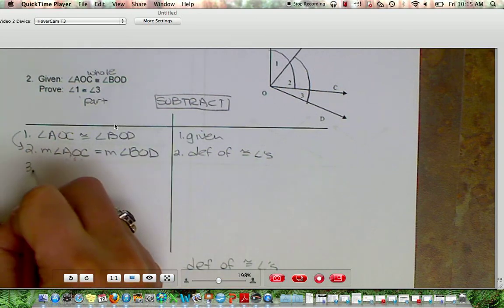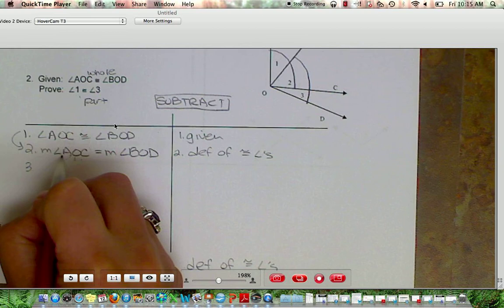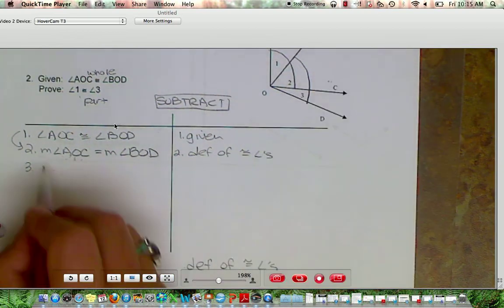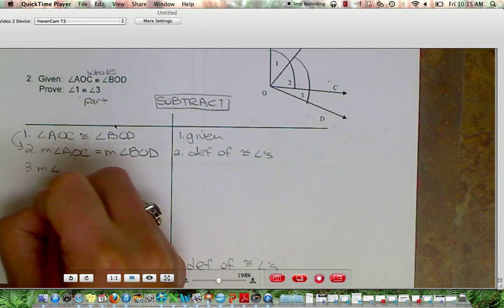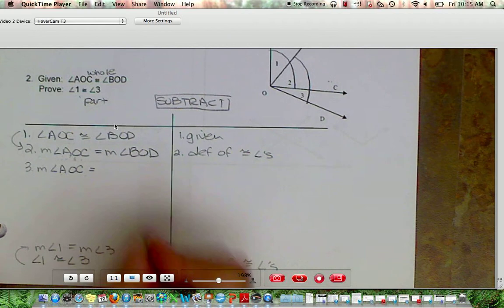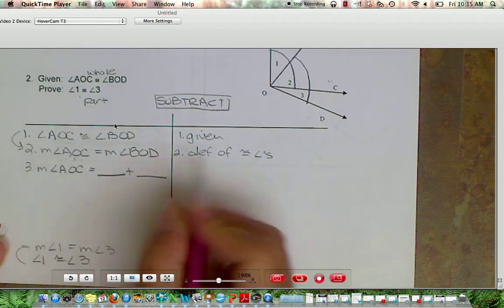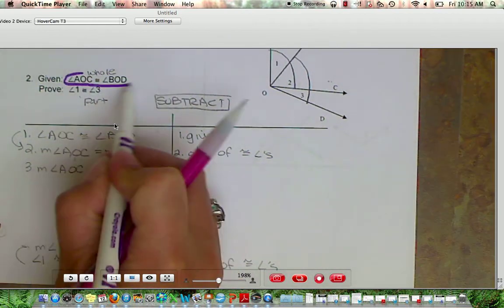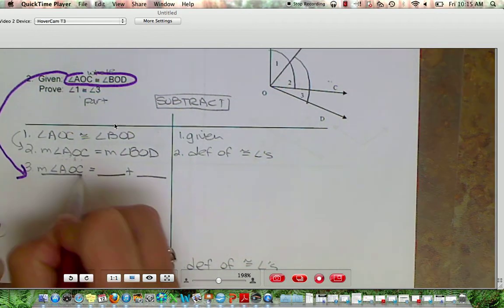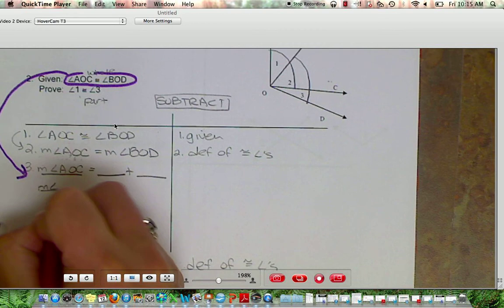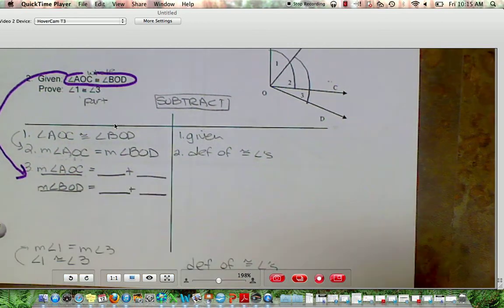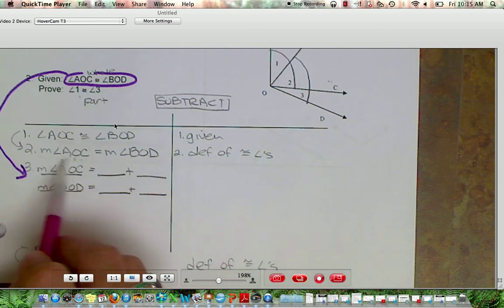So in order to do that expansion, you're going to have to tell your proof what's going on in the diagram. Tell your proof what makes up angle AOC. That's your whole. So here are your two wholes, AOC and BOD. Those are going to go down here. So you're telling your reader or the proof machine what these two angles will break down into.